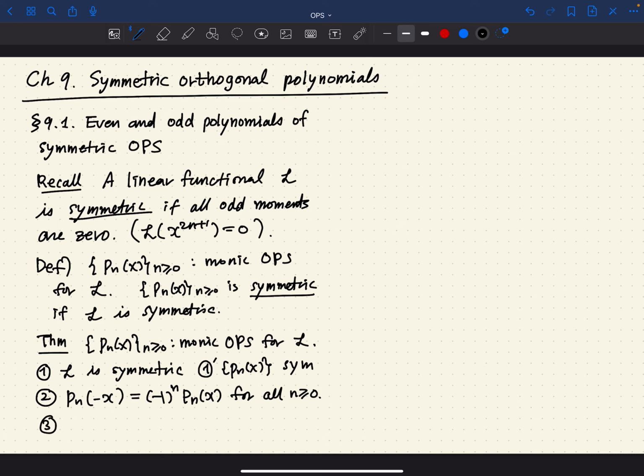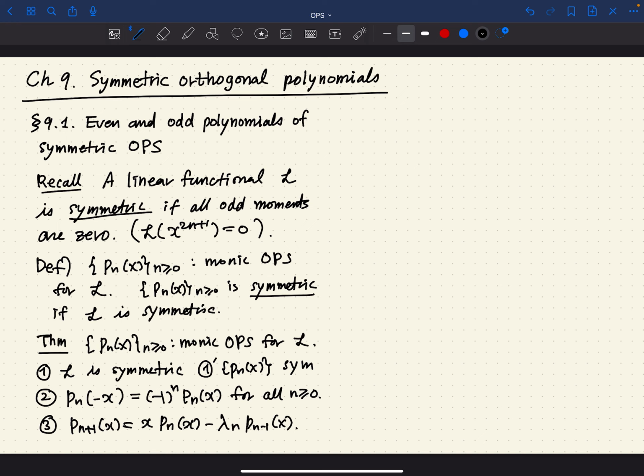And finally, the recurrence has b_n equals 0, so we can write it in this way, for all n greater than or equal to 0, as usual. So we have these three equivalent statements for a monic OPS to be symmetric.